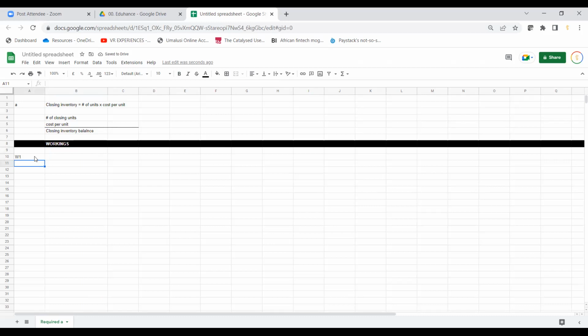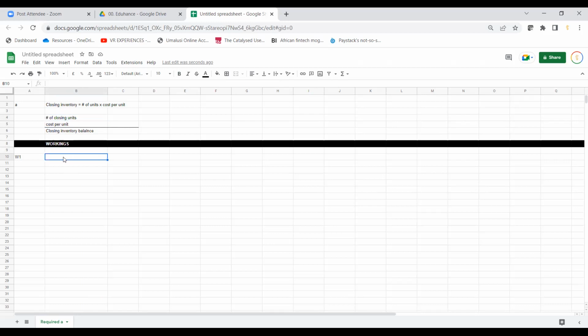You can calculate any number you want because we know none of these we have, so we have to calculate both of it. So I'm just going to start with closing units. So when you want to calculate closing units, when you're dealing with inventory, you want to use a cost of sales formula.